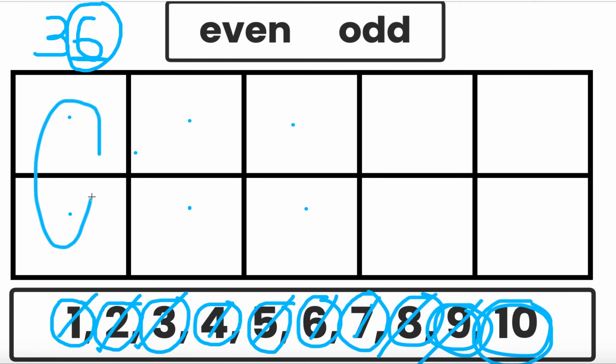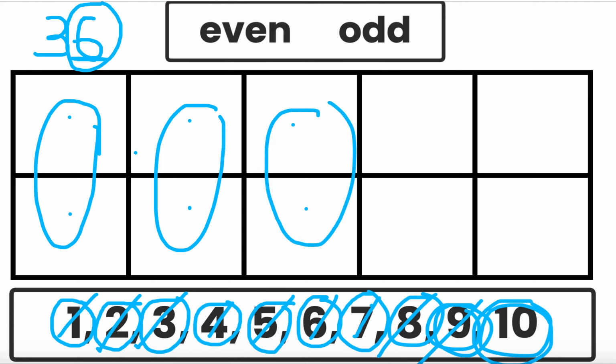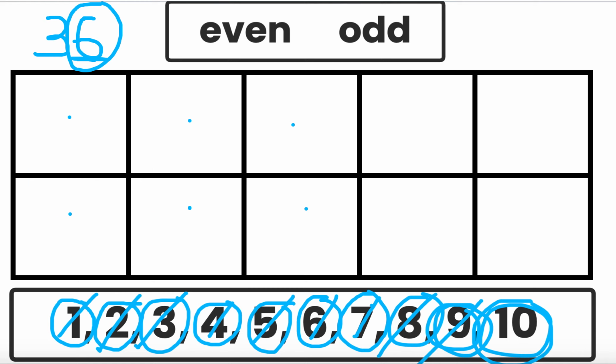So let's do our groups of 2, 2, and 2, and we know that the number 36 is even because we were able to make even groups. Even though it has a 3 in it, and we know that 3 is odd, we know it's an even number because we always look at the last number. So that's how you can tell if a number is even or odd.